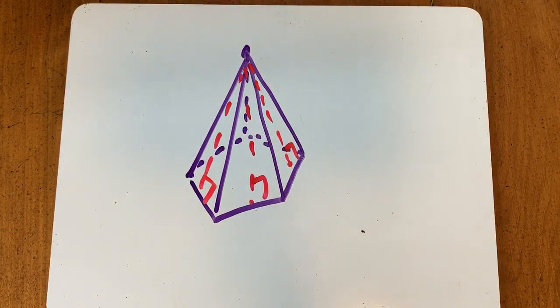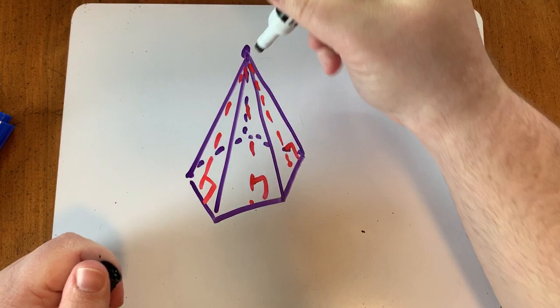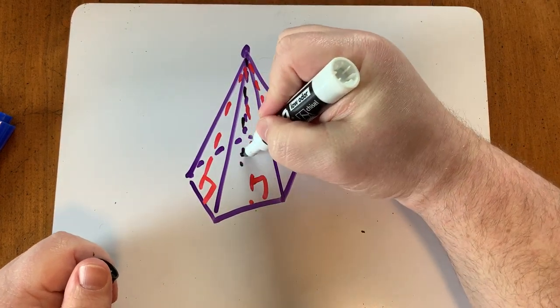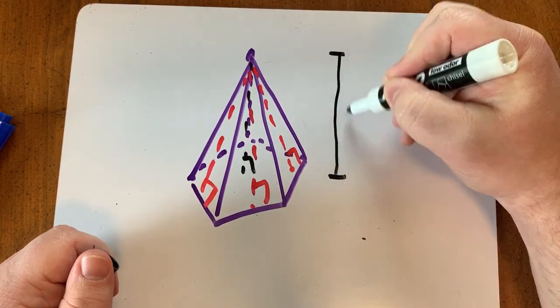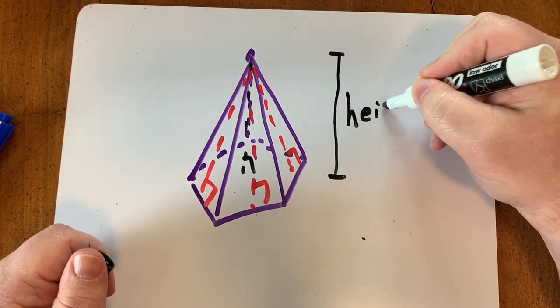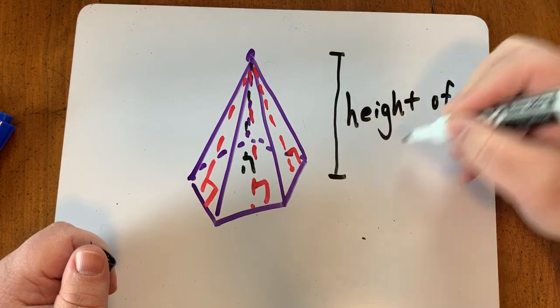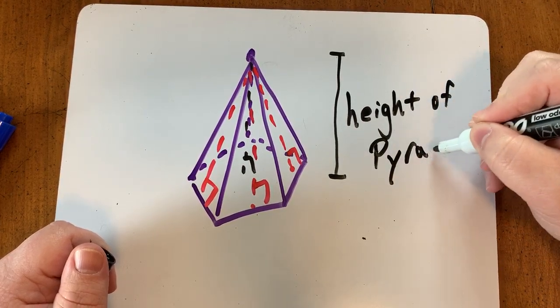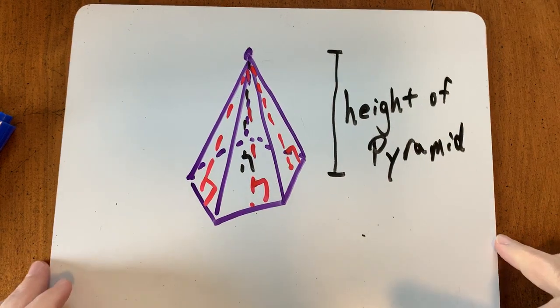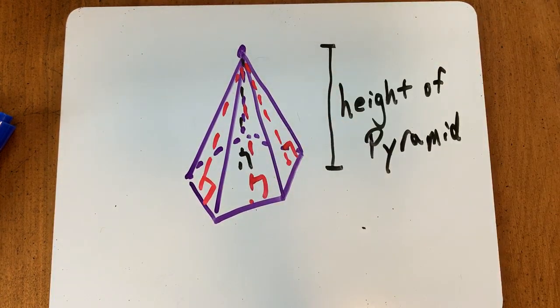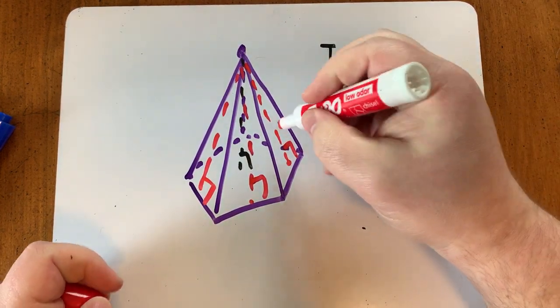That's not the same as the height of the actual pyramid. The height of the pyramid is the distance from the base to the vertex. That's the height of the pyramid. So that's the height of our pyramid. So this distance is the height of the lateral faces.